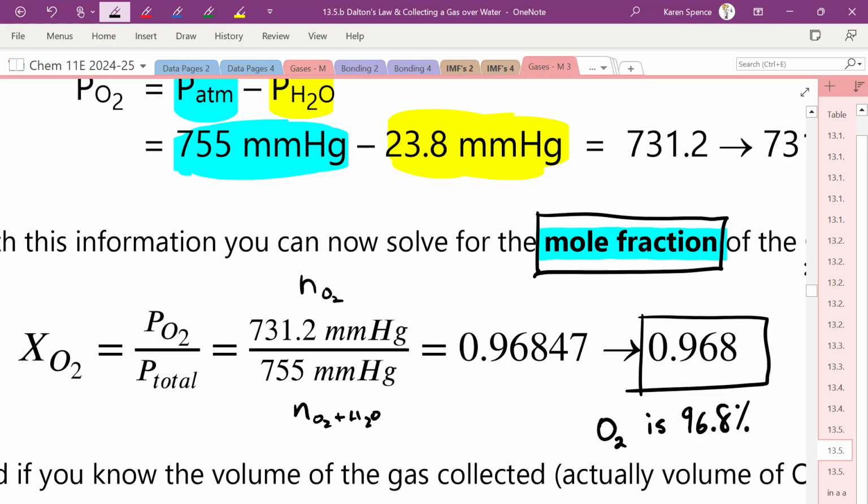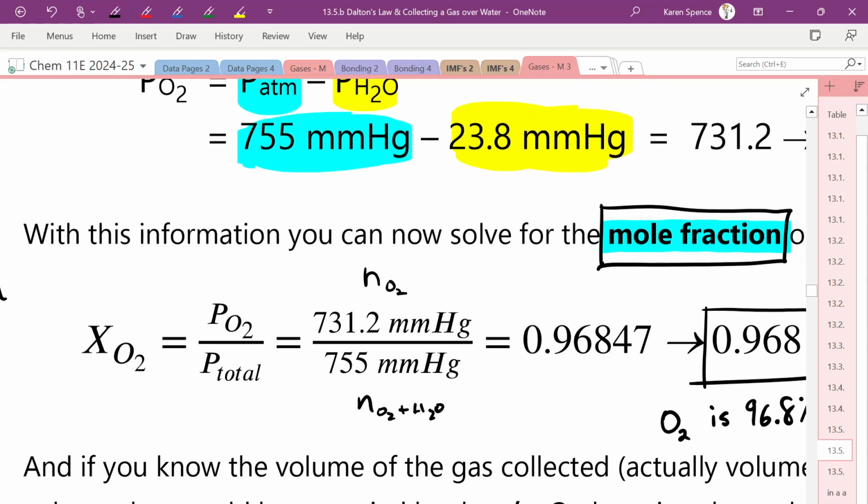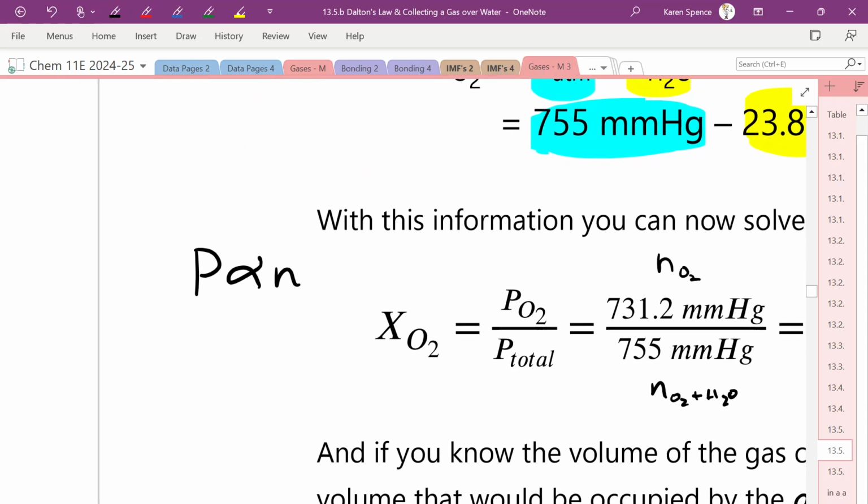Moles and volume and pressure are all proportional to one another, because pressure is proportional to moles and volume is proportional to moles. If you've got them as a ratio, it doesn't matter which one. Do you know what I mean? You can have PO2 over P total, NO2 over N total, VO2 over V total. It all comes from that.